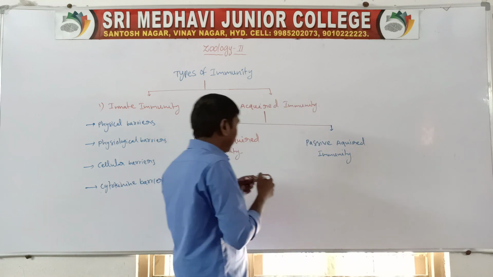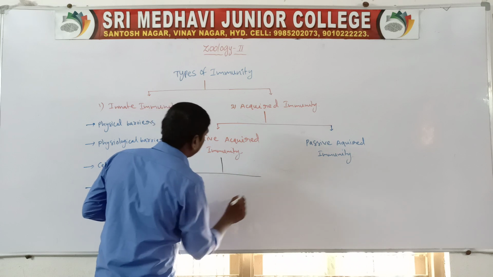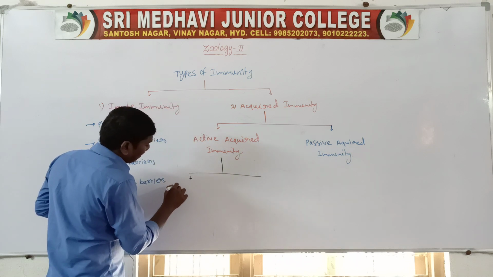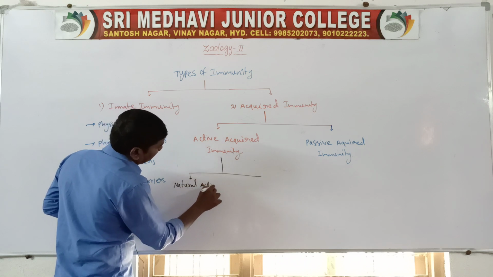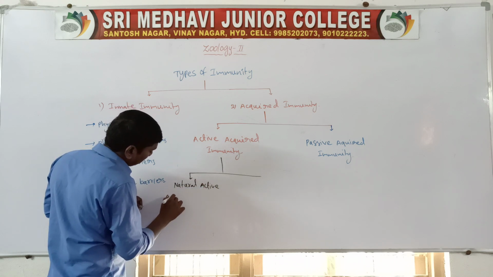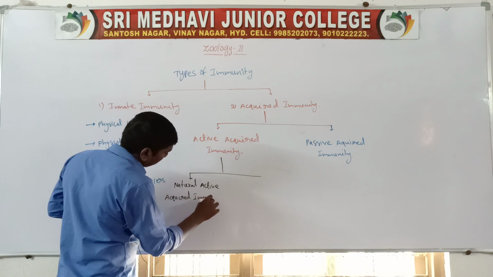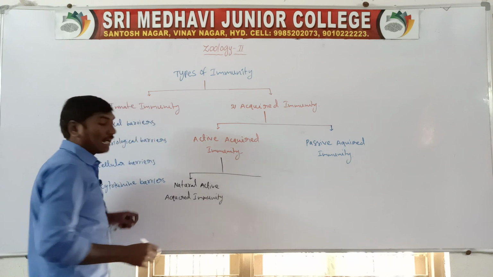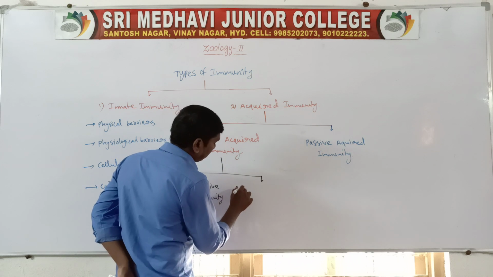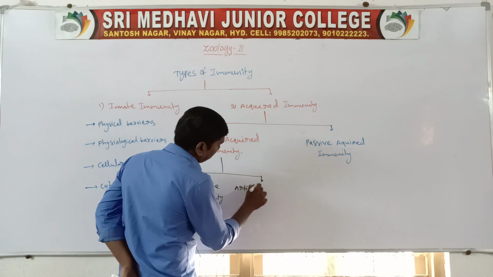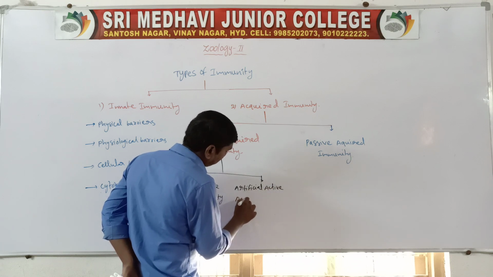Active acquired immunity has two types: natural active acquired immunity and second one, artificial active acquired immunity.